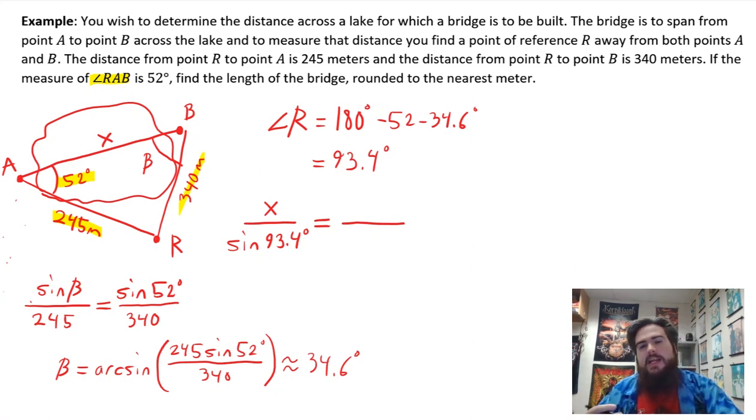And I can set that equal to a fraction. In this case, I'll use the original values that I had for 340 meters and 52 degrees, the angle measure and side length that are across from each other. Because I decided to set X, the side length, on top, I'll put 340 on top of the next fraction, divided by sine of the angle measure across from 340.